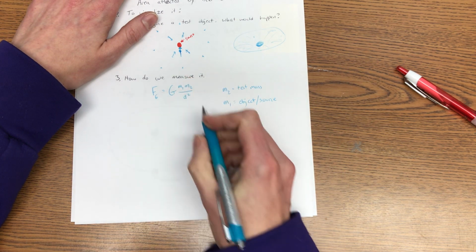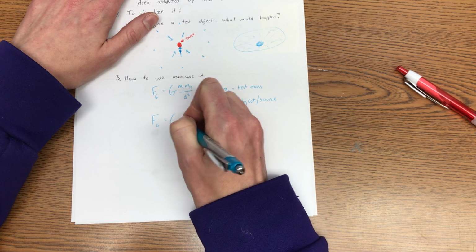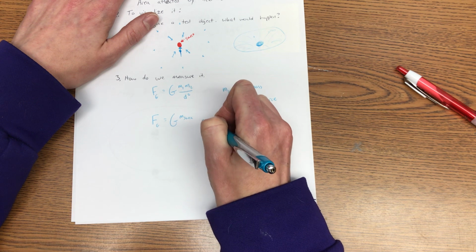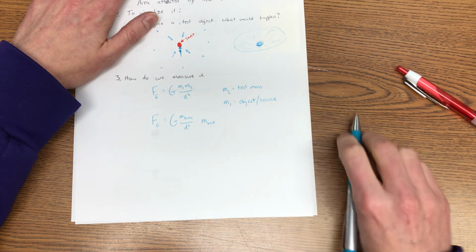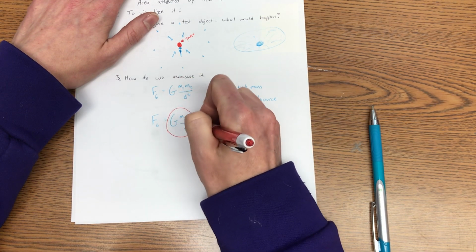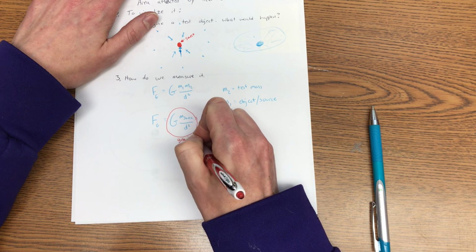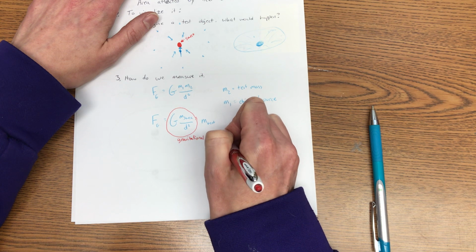So I'm going to rewrite this, and I'm going to put the source right here, and stick our test mass over here and put our d squared right there. So this right here represents our gravitational field strength.